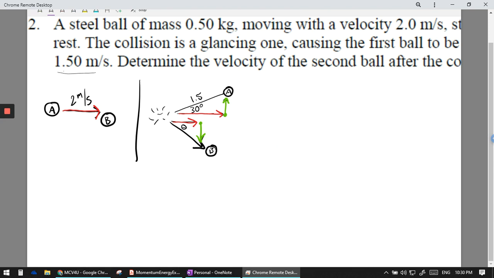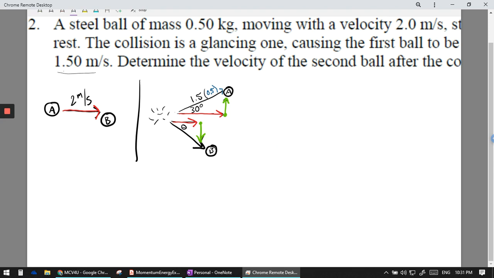So really what I'm going to do here is, I've got a half a kilogram here, so I'm going to multiply this guy by its mass, 0.5 kilograms. Why am I doing that? Because it's the momentum that is conserved, so 0.5. That way I'm turning this black vector into a momentum.